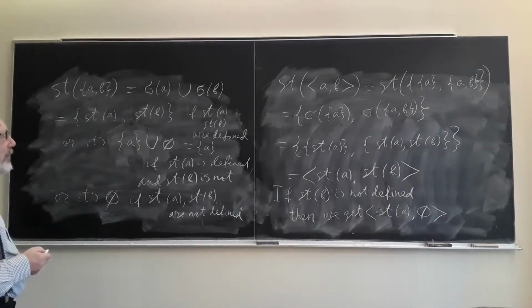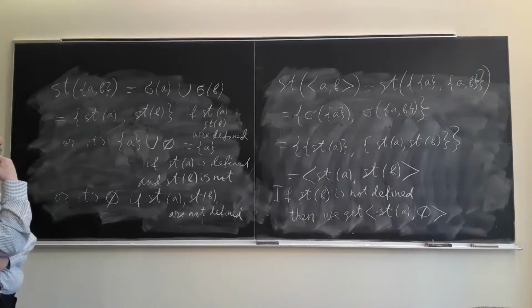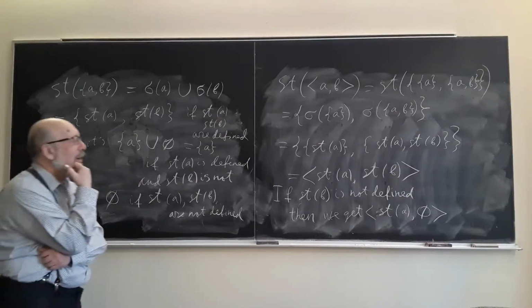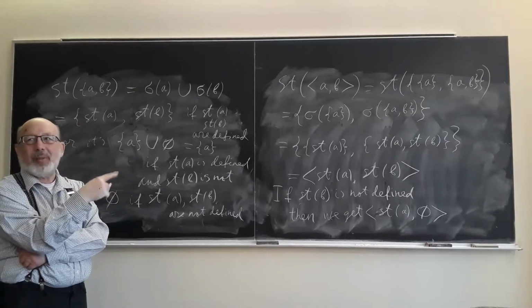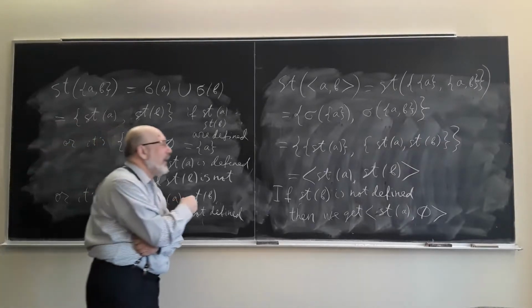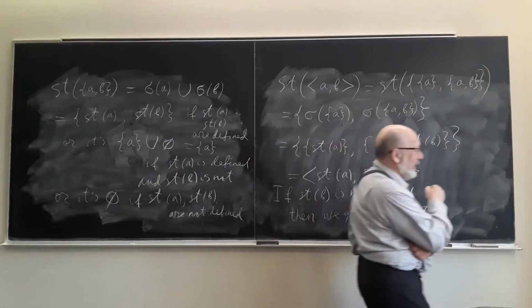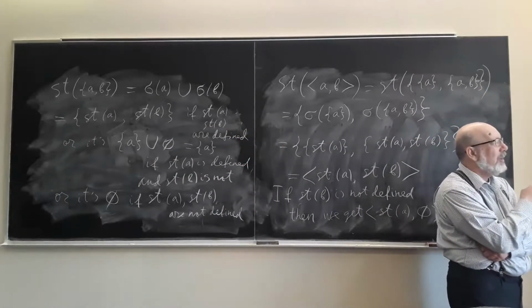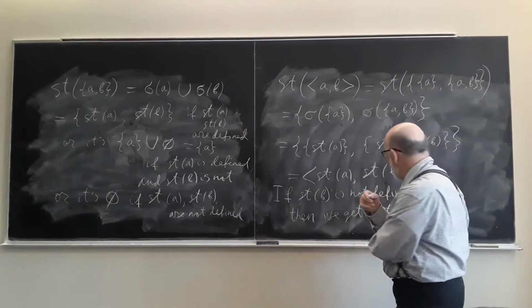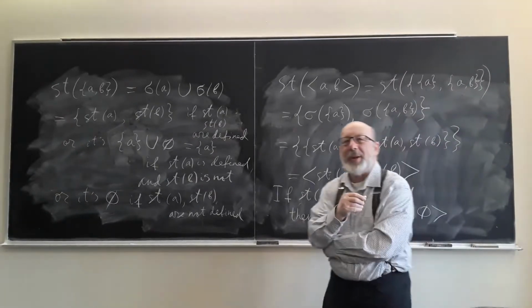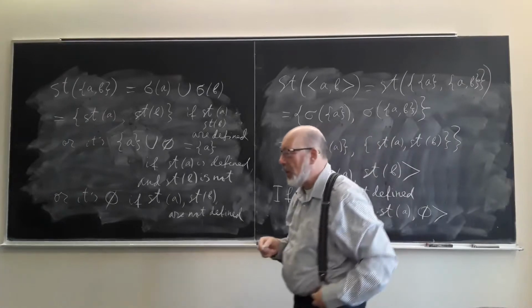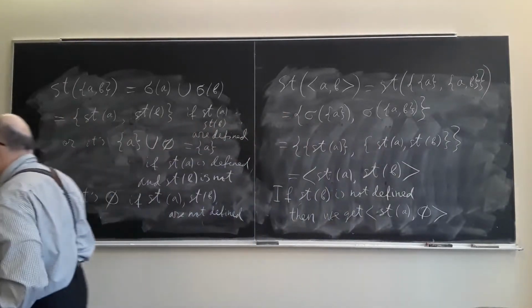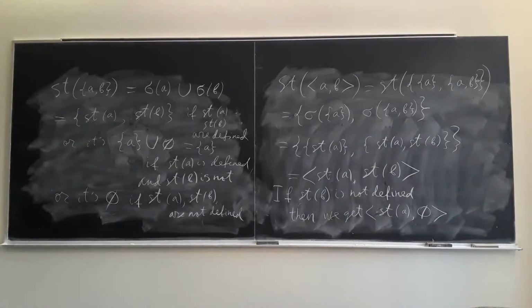You can look at this more closely yourself. Now, if both are not defined, then you have the empty set, empty set. Anyway, this empty set is the object which is responsible for all cases when something is not defined. Because it has no members, I think it will suffer immensely.